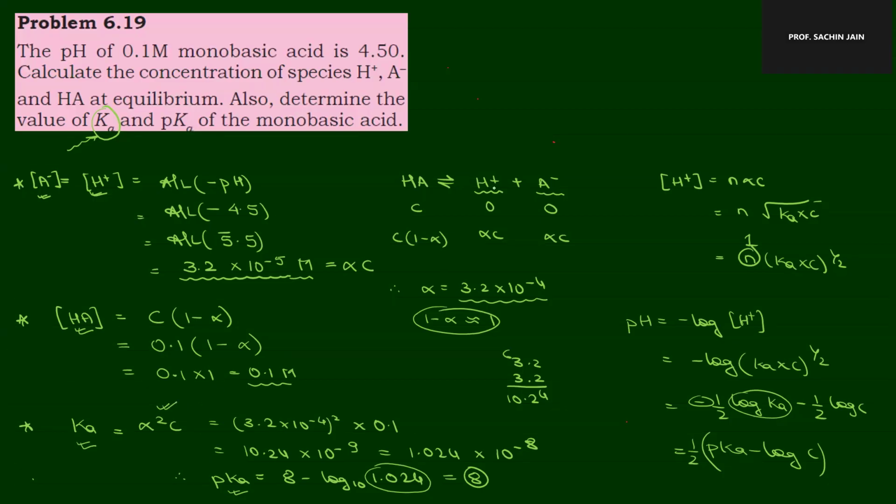So whether you do by the H plus A minus upon HA or the formula, आंसर आपका चेंज नहीं होगा, because वही concept से formula आया है. ओके सर. ठीक है.